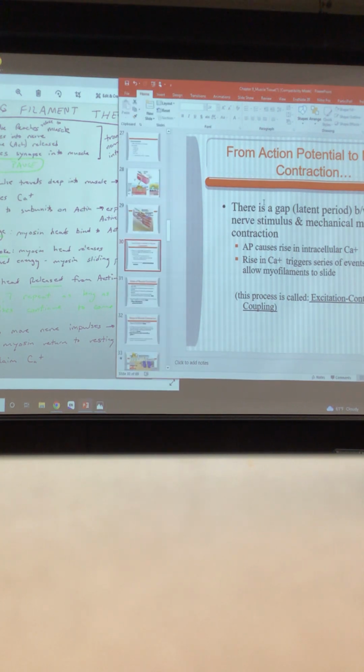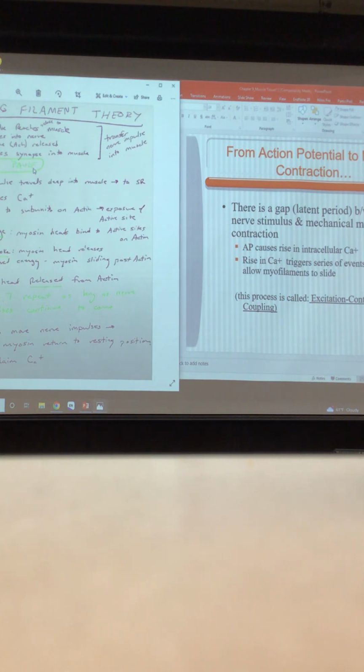Now, what this next slide says is there's a latency period. That's just a fancy word for pause. So after the nerve impulse gets into the muscle, there's like a millisecond pause. When you see the term latency period, it just means a brief pause right after the nerve impulse.